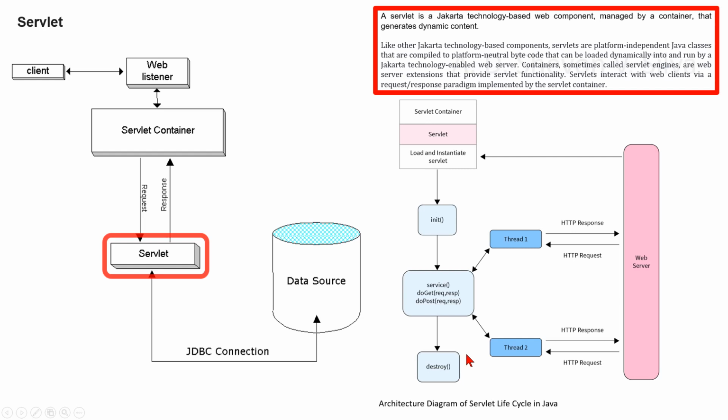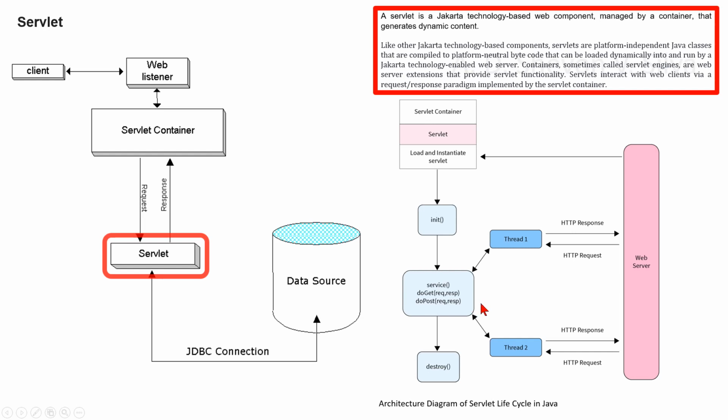In the interface HttpServlet, we can see some additional methods. Protected void doDelete(HttpServletRequest, HttpServletResponse) is called by the server via the service method to allow the servlet to handle the delete request.